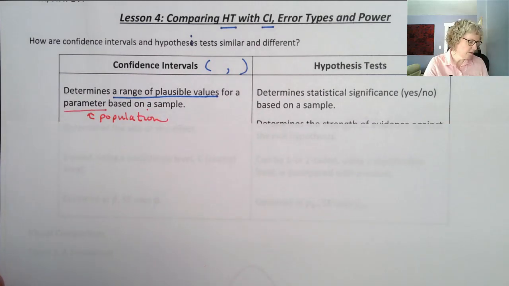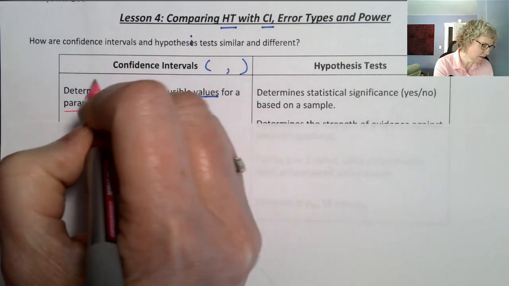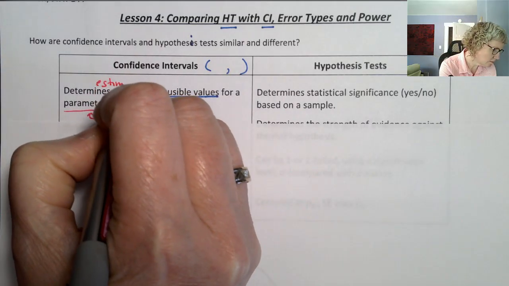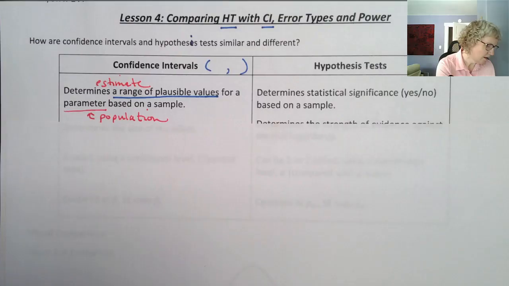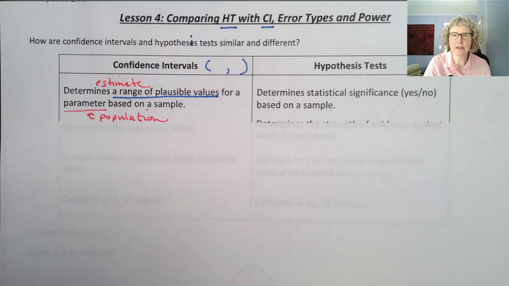We take a sample, then we estimate that parameter, so it's an estimate. And we've seen on the GeoGebra calculator that they use the word estimates for all the confidence intervals.